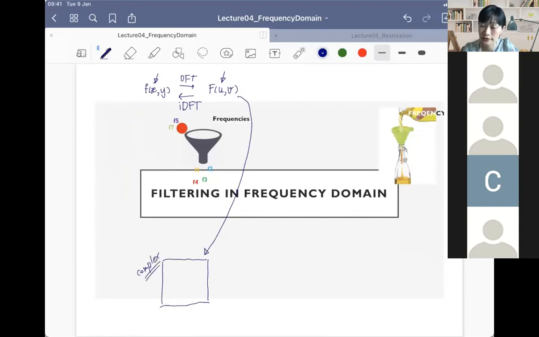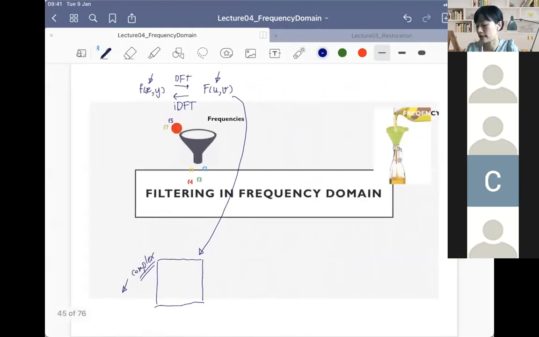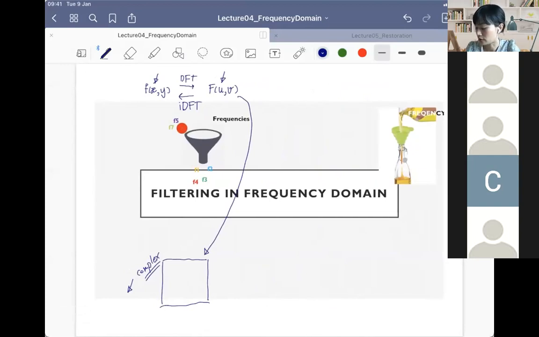So if you want to take a look at the spectrum, you use a calculation, for which I provided the formula in the previous slide, to find the magnitude of the complex number: the square root of the sum of squares of the real and imaginary components. Once you have applied the Fourier transform on the image, you get another image in the frequency domain.